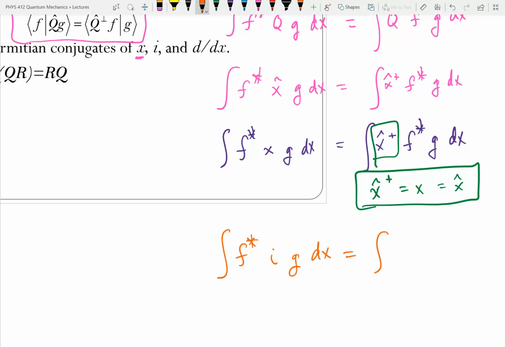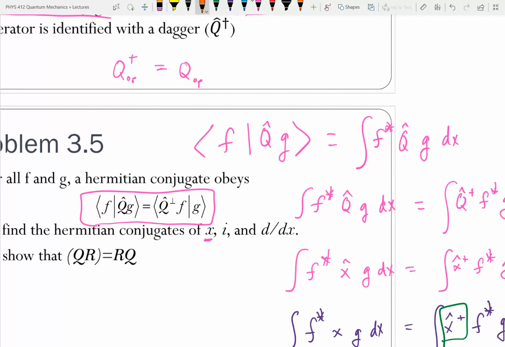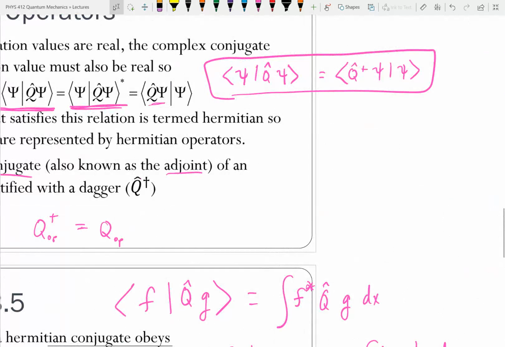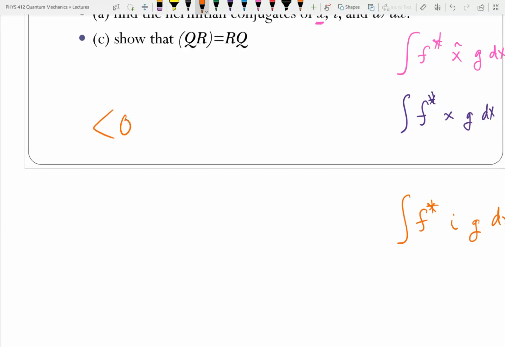This one's going to introduce something that's a little more confusing. The reason it's confusing is when we come back to the relationship of moving it from... I should be more fundamentally clear. If it's in the bra, you're doing the complex conjugate.